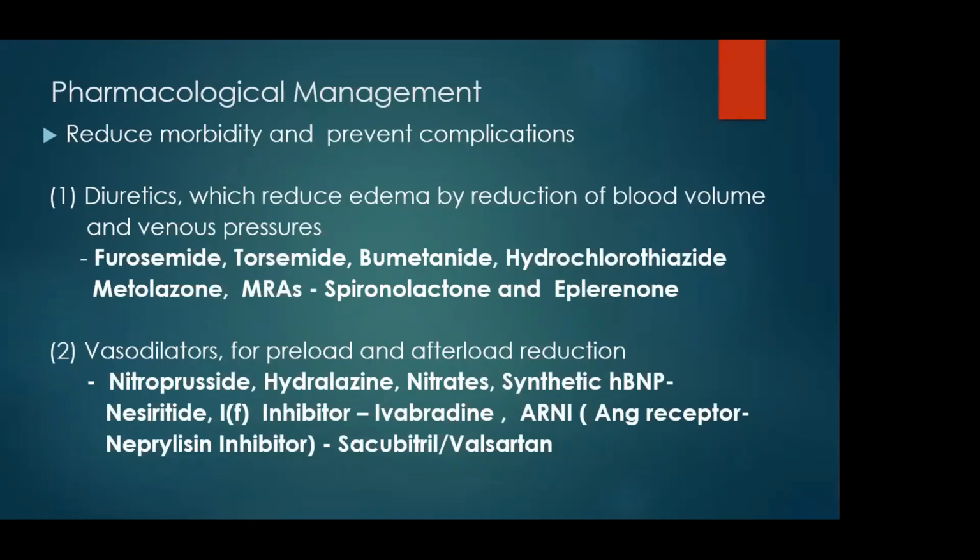Okay. And the next most important group is the angiotensin receptor neprilysin inhibitor. Now, what is neprilysin? Neprilysin is the enzyme which degrades BNP and ANP. Okay. So we need BNP and ANP in more concentration to vasodilate and to prevent heart injury.